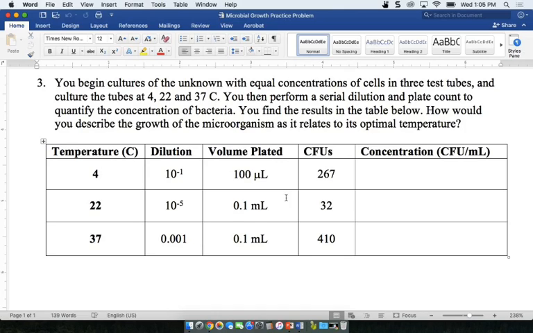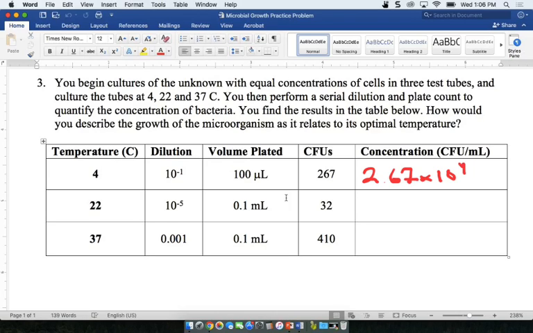All right, so let's go back to this problem real quick. I think in this one we said the concentration of the initial was 2.67 times 10 to the 4th CFU per mL, or 26,700. I don't care which way you personally want to express that value, whatever works best for you.